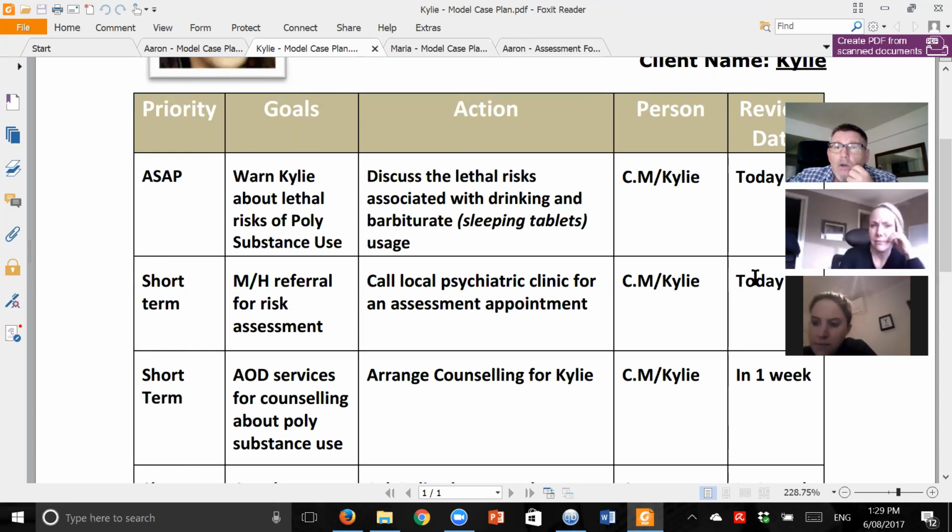I'm really glad you mentioned this because I didn't put this in. It's meant to be a basic pro forma, but that's a really good tip for people. When you're going through your case plan as a worker and you're sitting at your desk on Tuesday morning, with assessments coming up in another hour or two, you're just zipping through the case plan and you go, oh, where is he at with the psych service?